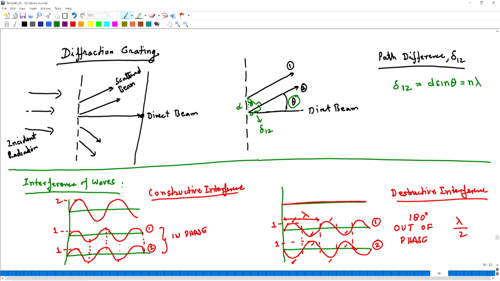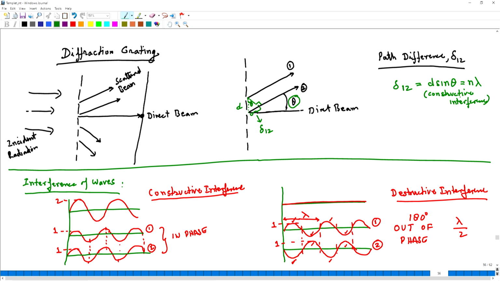So, if the path difference is an integral multiple of lambda, which is constructive interference, I will get a finite intensity.